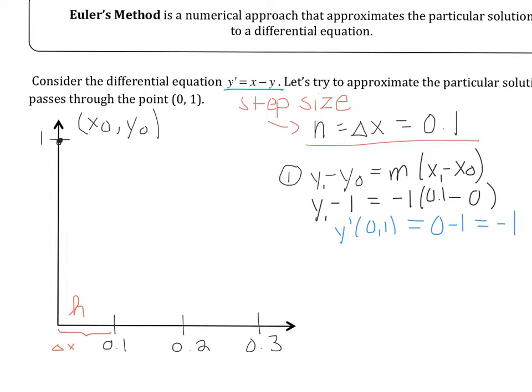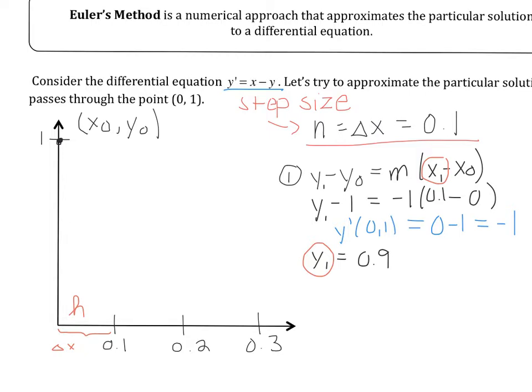Now if you just evaluate and simplify, you will be able to figure out what your next y-coordinate is. If you manipulate this, you'll figure out that y1 is 0.9. So guess what we have now? We have a y1 and an x1, so we know where our next point is that we should plot.